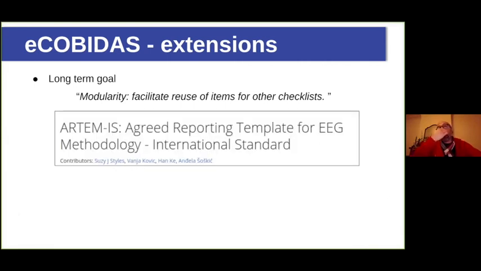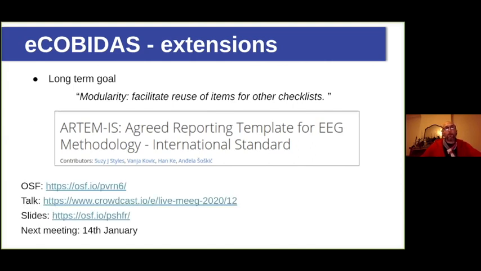One example that came out recently is the Artemis project, which relates to event-related potentials in EEG. We are in touch with them because they are looking for people to create some sort of app for that, and they didn't know about the whole eCOBIDAS project. We met at a live MEG conference where they presented their work.